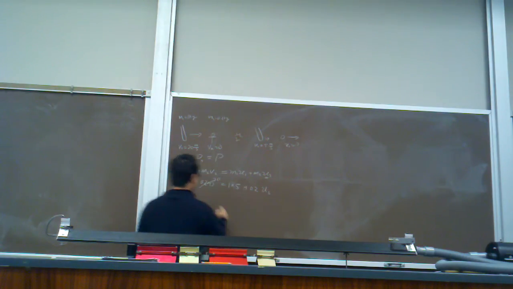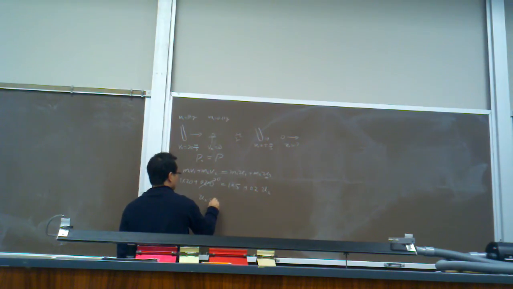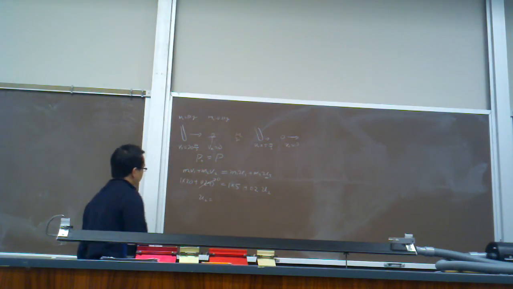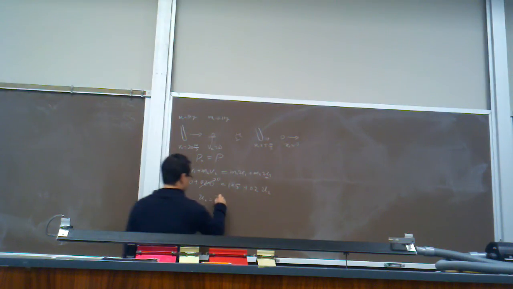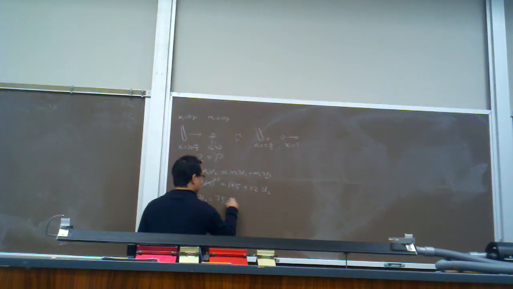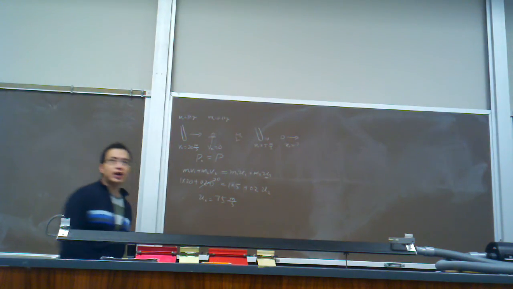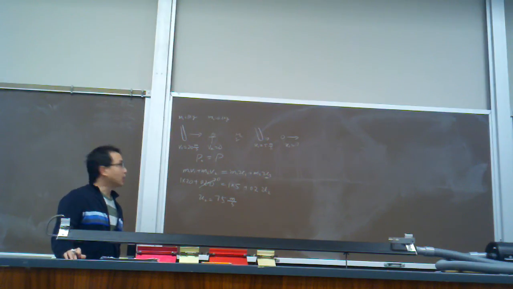So this will give you U2. What is U2 here? Okay, 75 meters per second. So that's the final velocity of the baseball. Okay? Any question here?